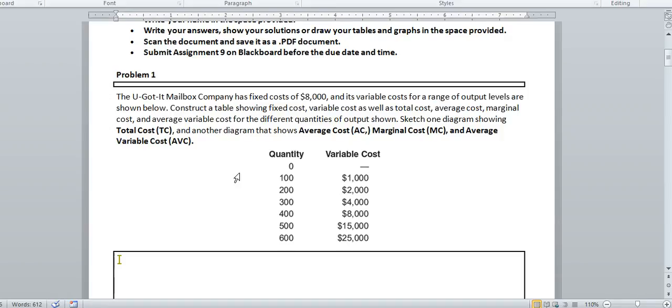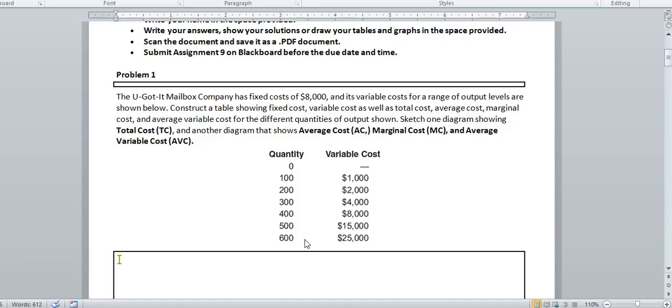and we see its variable cost at the different quantities produced listed here in this table, and we want to construct a table showing fixed cost, variable cost, as well as total cost, average cost, marginal cost, average variable cost for the different quantities shown here.